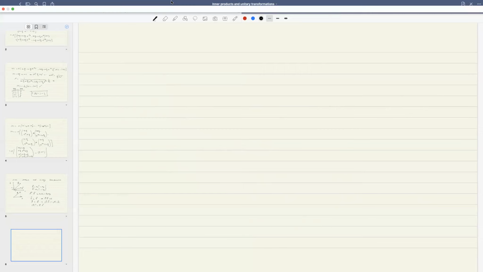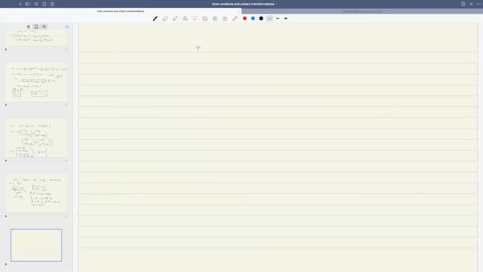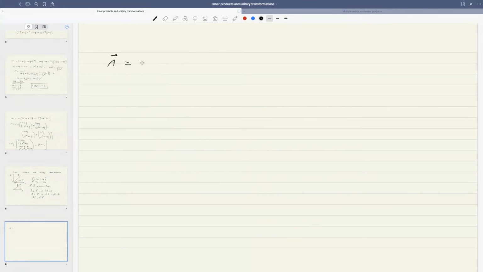So we take the absolute value squared because they're complex numbers and add them up. So that's quite analogous to the length of a vector, right? So if I have again this vector A written as A_x i plus A_y j, the length of this vector squared is going to be A_x squared plus A_y squared, which is the inner product of the vector by itself.